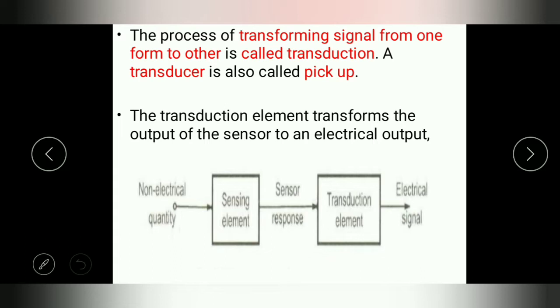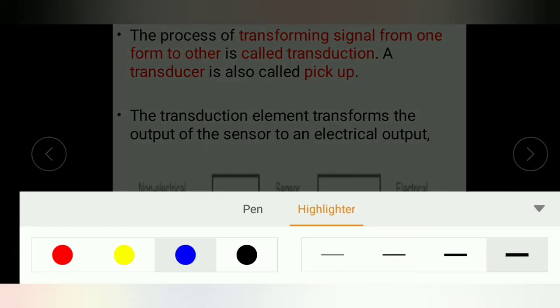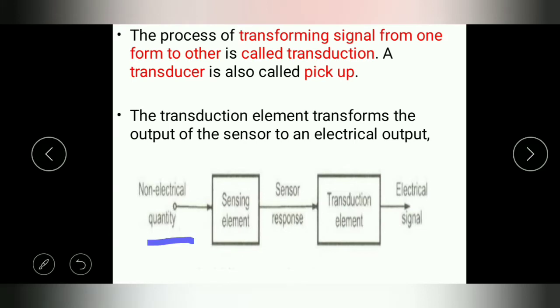Here we can see a diagram which we already studied when we discussed the generalized measurement system. We have a non-electrical quantity, which is the input quantity to be measured, to the left of the diagram. That non-electrical quantity is detected by the sensing element. The sensing element gives an output, the sensor response. Then that sensor response is taken by the transduction element, or the transducer, and it produces an output electrical signal.